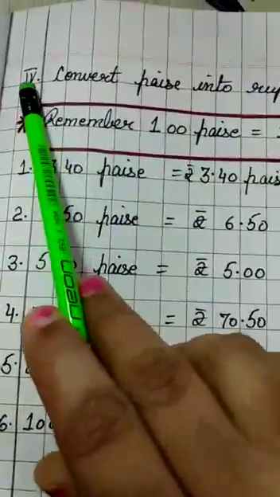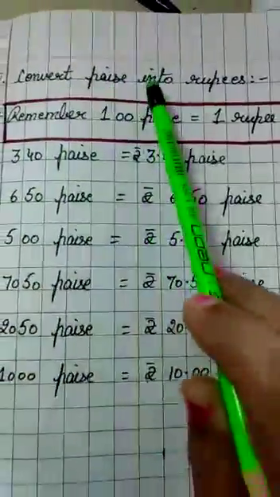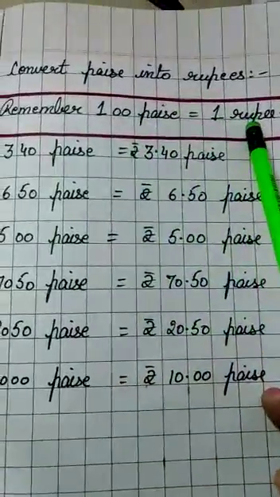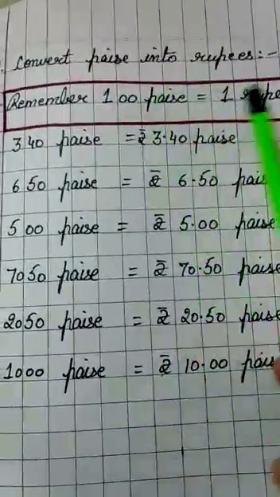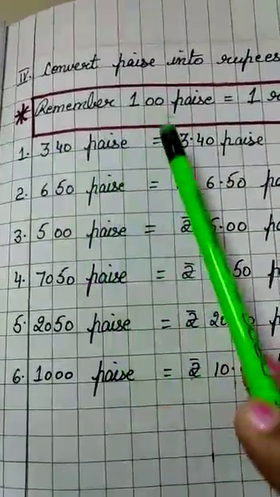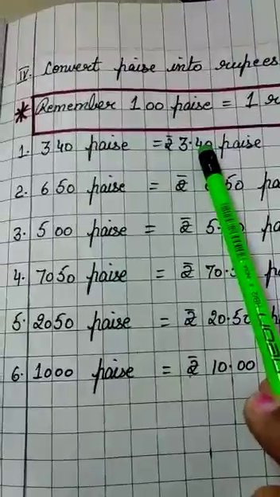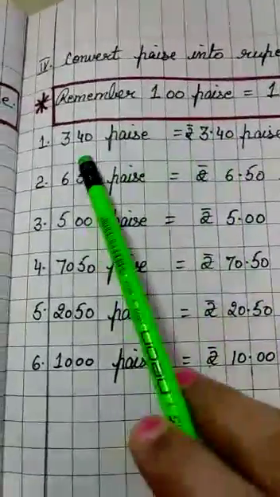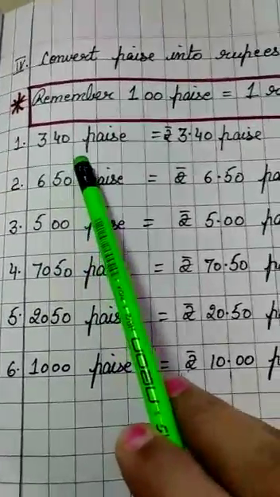Now, question number 4 is convert paise into rupees. Remember, 100 paise is equal to 1 rupee. To convert paise into rupees, the decimal point is placed after the 2 digits from the right of the number showing paise, and then the symbol of rupee is written on the extreme left.